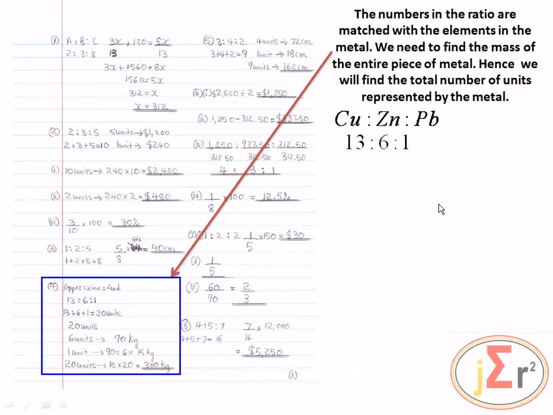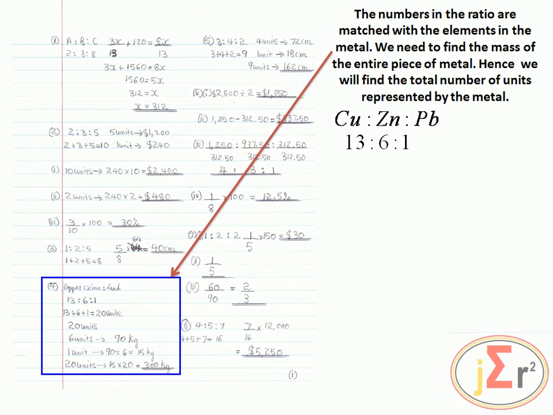The numbers in the ratio are matched with the elements in the metal. We need to find the mass of the entire piece of metal. Hence, we will find the total number of units represented by the metal. So in this problem, what do we have?